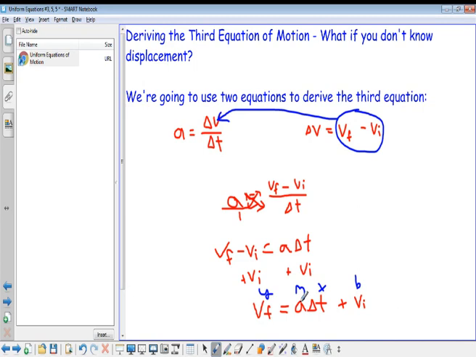Your slope would be the acceleration, which, thinking back to a velocity time graph, we can find the slope of a velocity time graph to get the acceleration. Your independent variable is your time, and your initial velocity is your y-intercept. Write that equation down, label it third equation of motion, highlight it, and after you've done so, move on to the next slide.